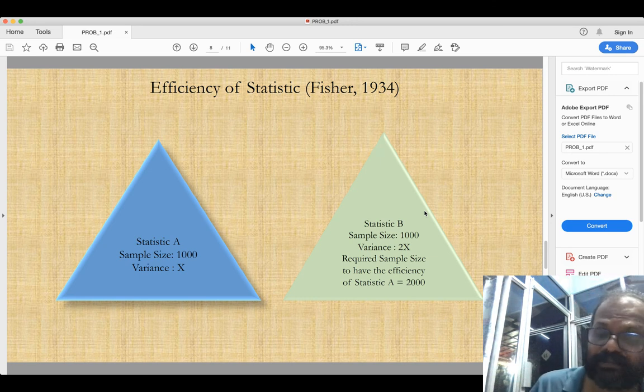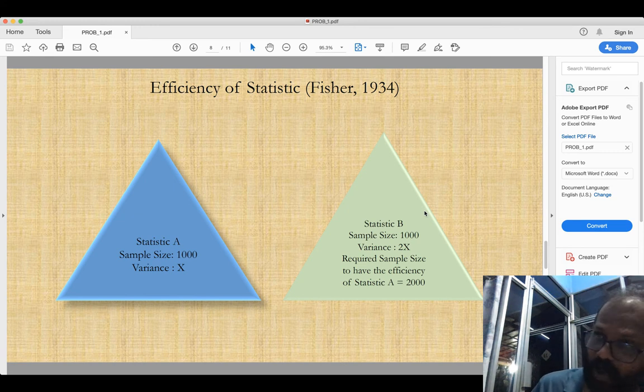So in such cases efficiency goes down. Therefore, in order to regain the efficiency, sample size should double. With respect to blue, sample size is 1000, whereas with respect to green, sample size will go up to have the same efficiency.